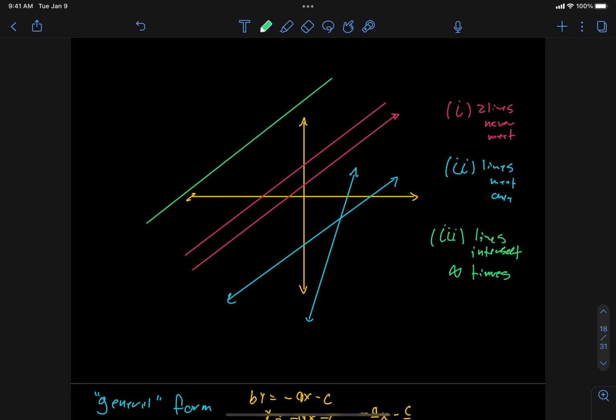Namely, here is line 1, and line 2 is literally on top of it. Okay? So if we have two lines which are literally on top of one another, then they intersect infinitely many times.